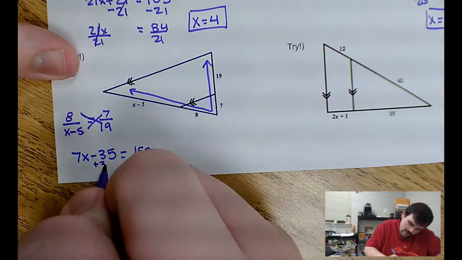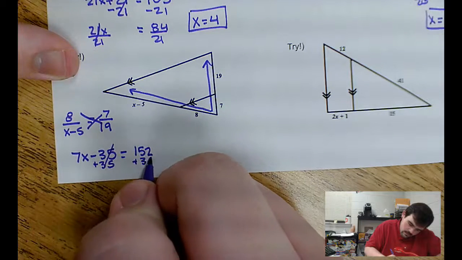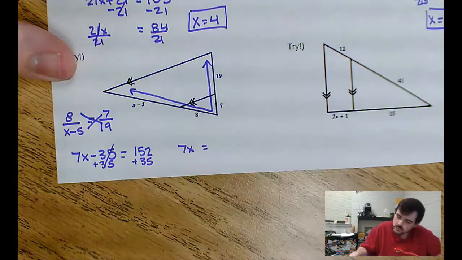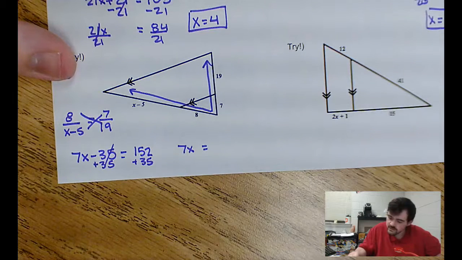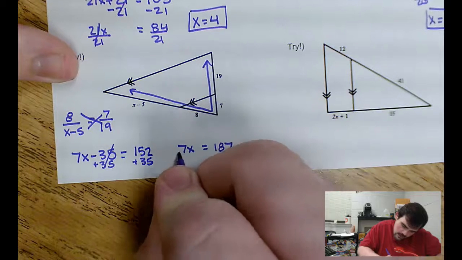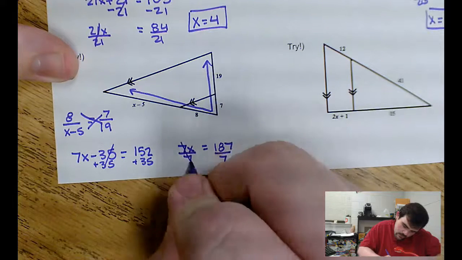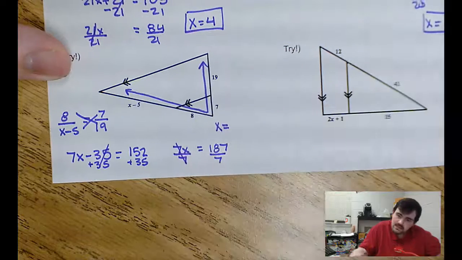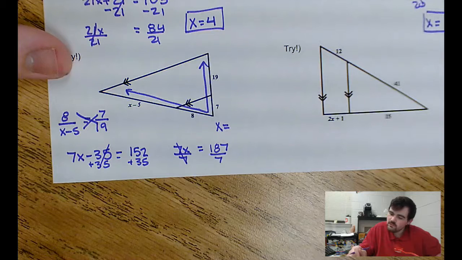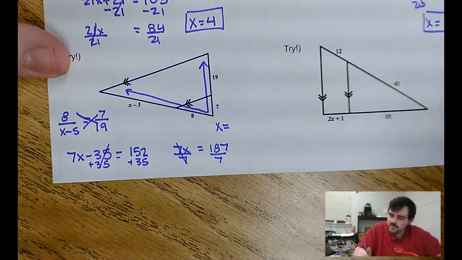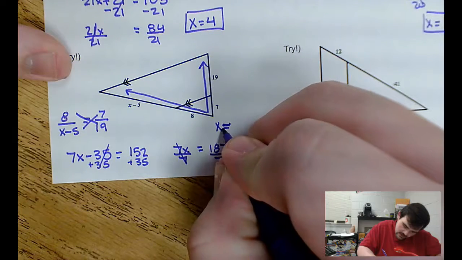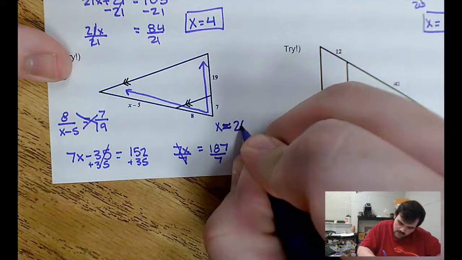We're going to add 35 to both sides, which will give me 7x equals 152 plus 35, which is 187. And then divide by 7, which will give me x equals 26.714285. Let's just round that to about 26.7. So I'm going to change that to a squiggly equal sign to say approximately 26.7.